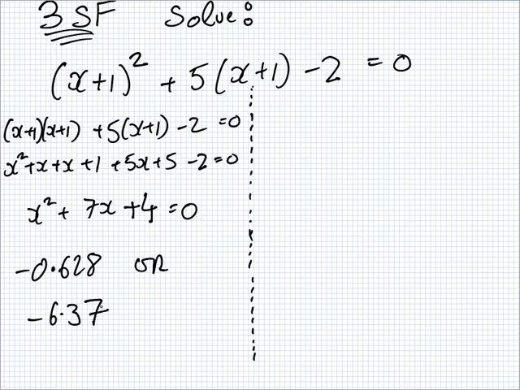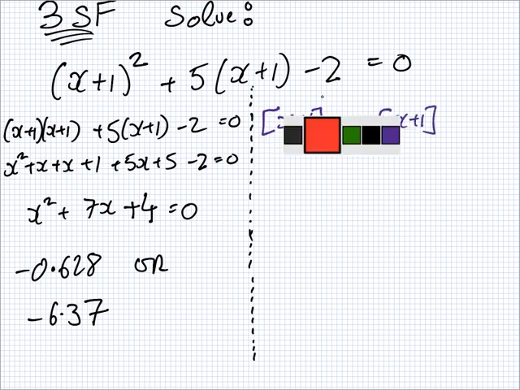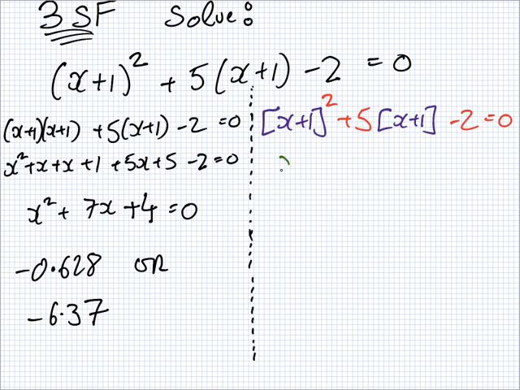Now, I think there's two ways of doing this. Did anybody spot the second way? Yeah, go on. That's it, yeah. Well, you could make the substitution, let x plus 1 equal y, or u, whatever, but I feel like you can skip that step, because the way I look at it, this is like a quadratic, except instead of x, you have x plus 1.